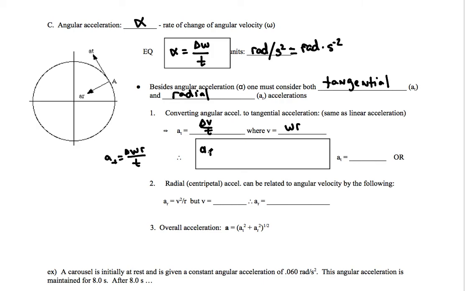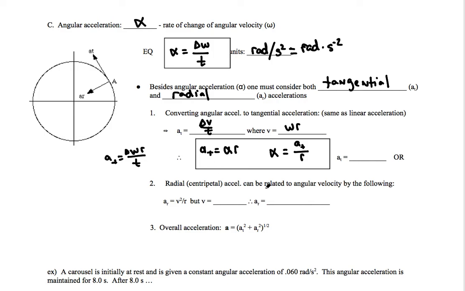So our tangential acceleration is equal to the angular acceleration times the distance from center. Or rearranging this, alpha is equal to tangential over r. Just rearranging and solving for alpha.